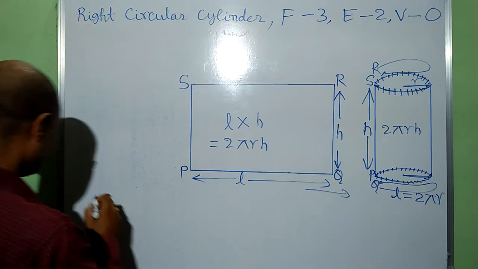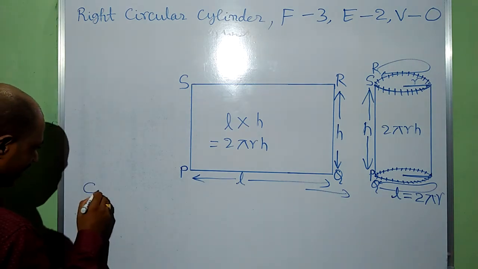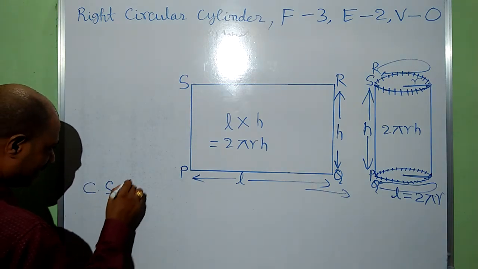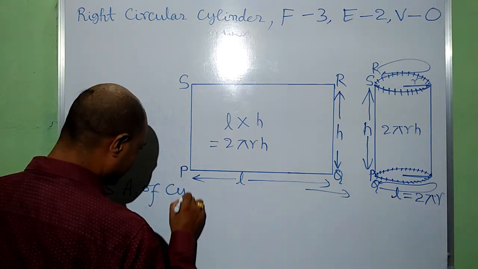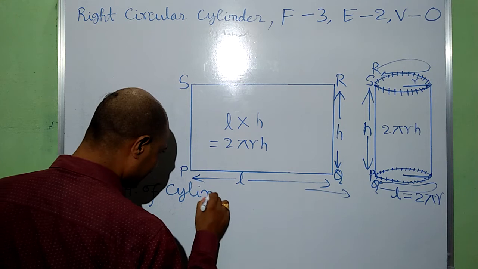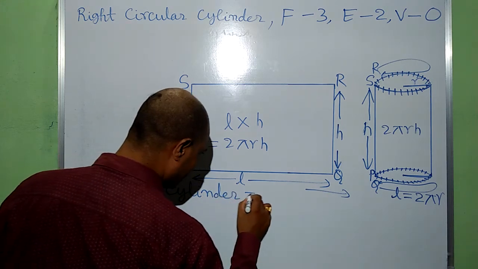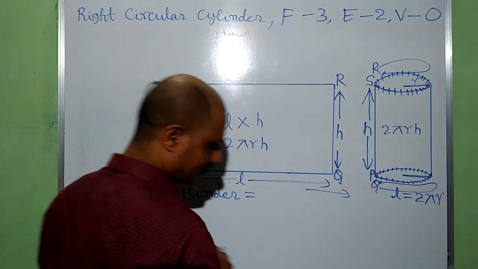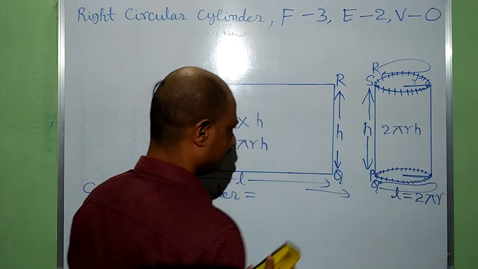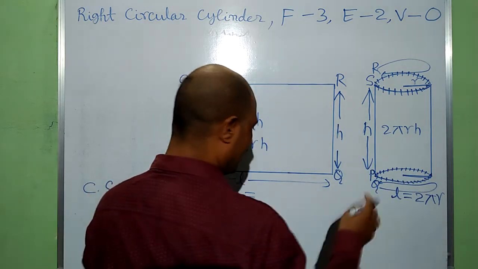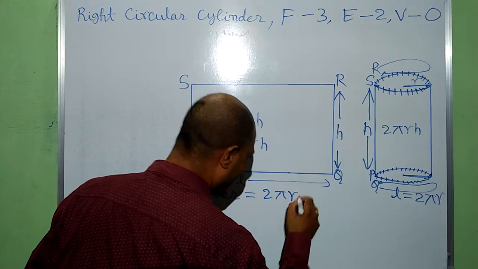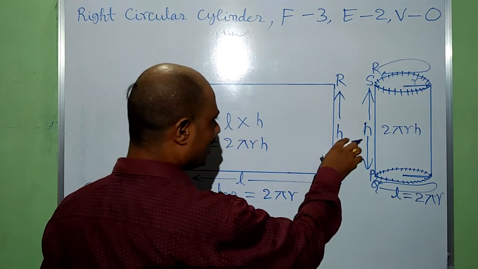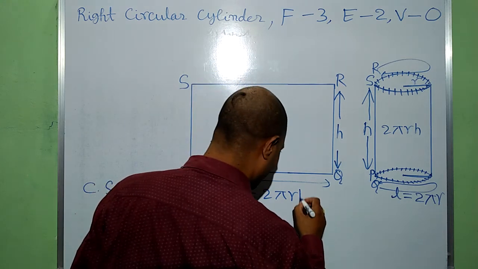In this way, curved surface area of cylinder is L, that is 2 pi r into its height, that is h, 2 pi r h.